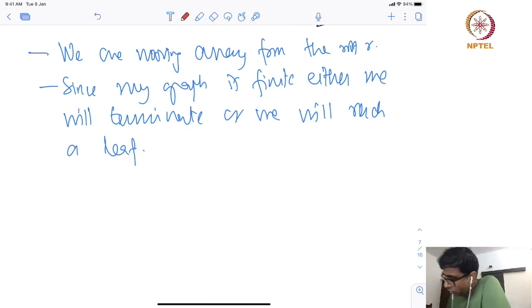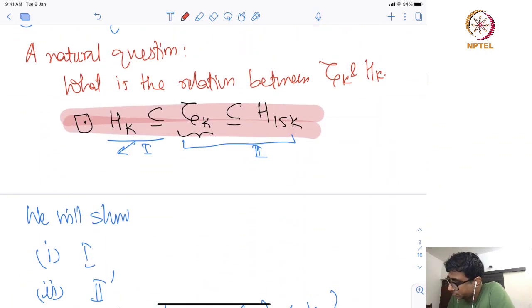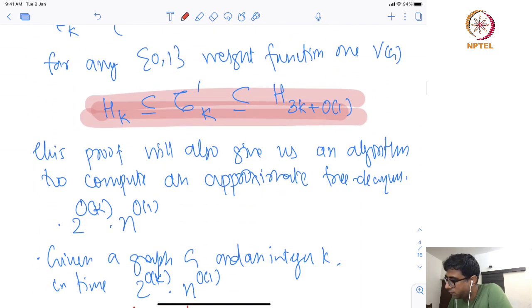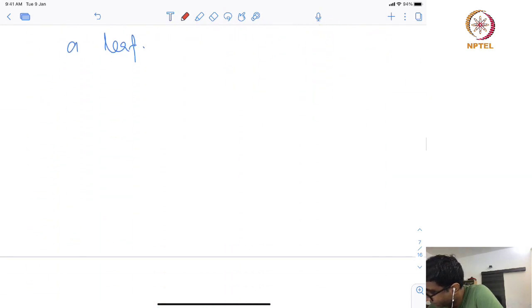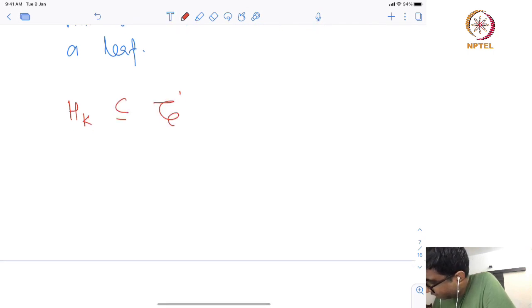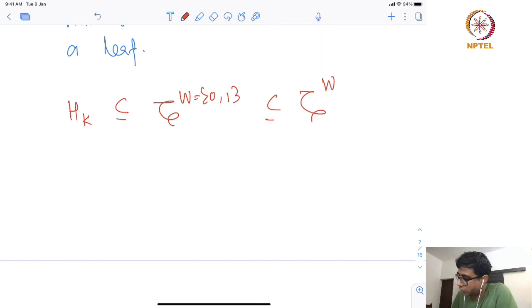What does it imply? We have proved that if a graph has treewidth at most k, then it has a weighted balanced separator with respect to an arbitrary weight function. Earlier the weight function was only 0, 1, but now let us define an arbitrary weight function. What I mean by arbitrary weight function is that, given a graph G and any weight function W, you have a weighted balanced separator with respect to that.